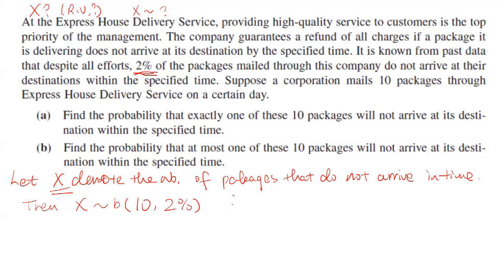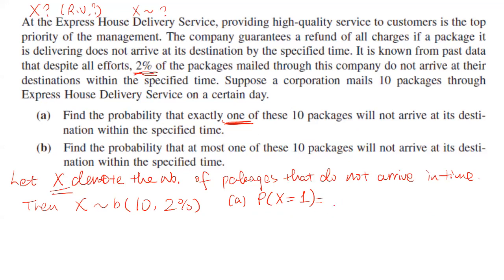Okay, so in the first question, it asks you the probability of X being 1, right? Because it says here, exactly one of these will not arrive in time. X being 1.